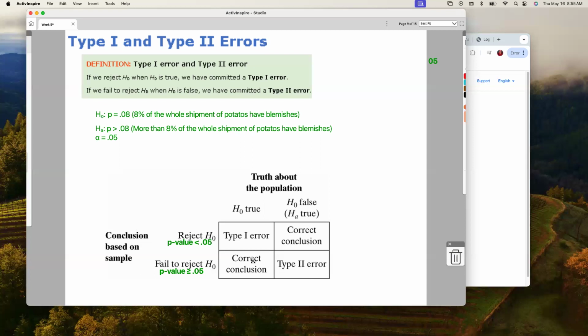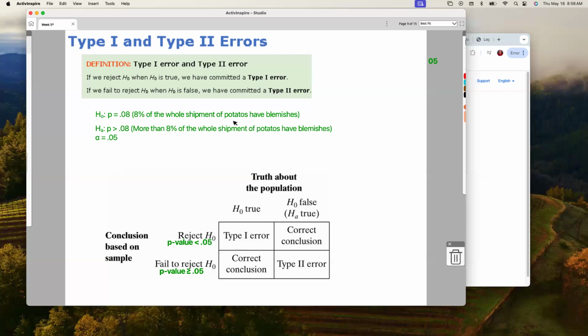And this first column, this type 1 error, is one in which these two things are complementary to one another, just as these are. And so this idea of subjectively determining that's our alpha, right? That gives us the ability to say, okay, what type of risk am I willing to take in order to have a type 1 error? And that might just be in the consequence of what's going on here.